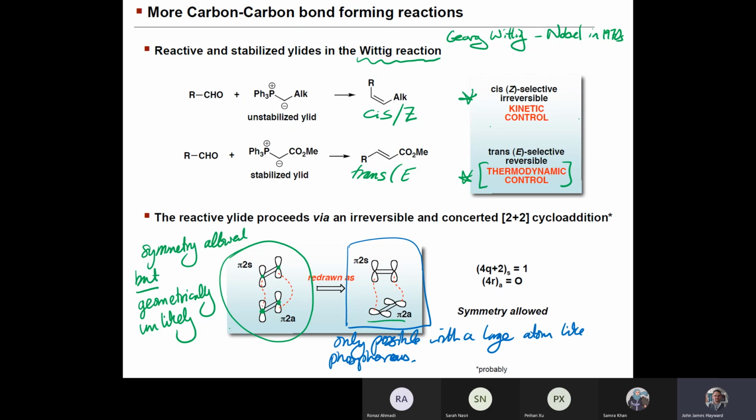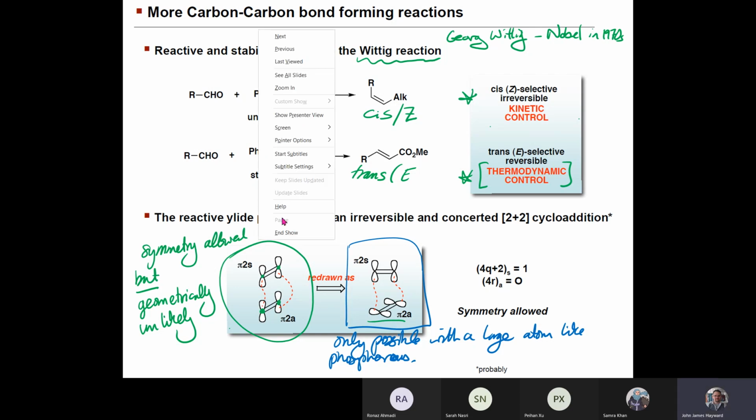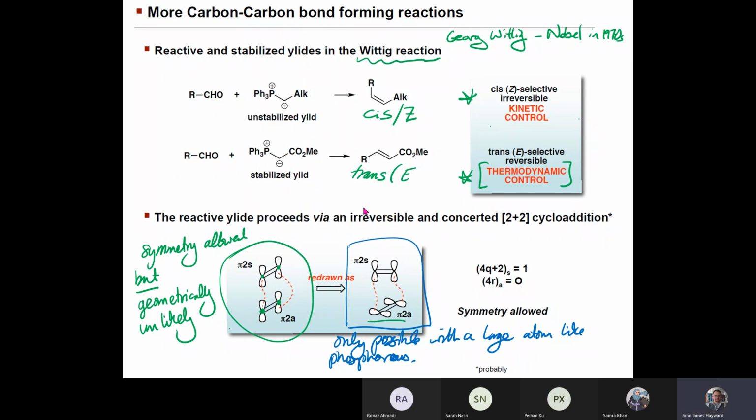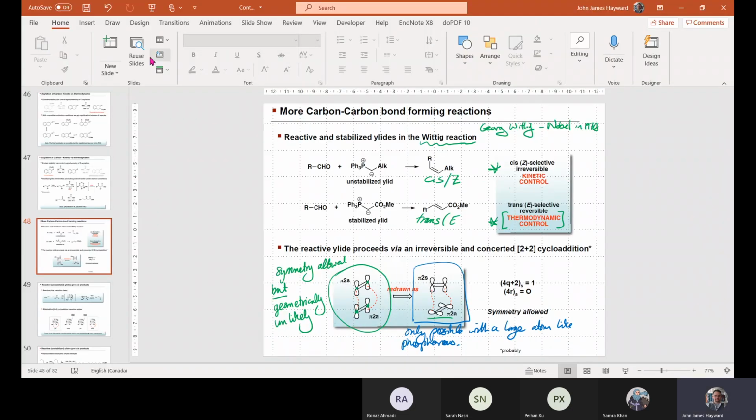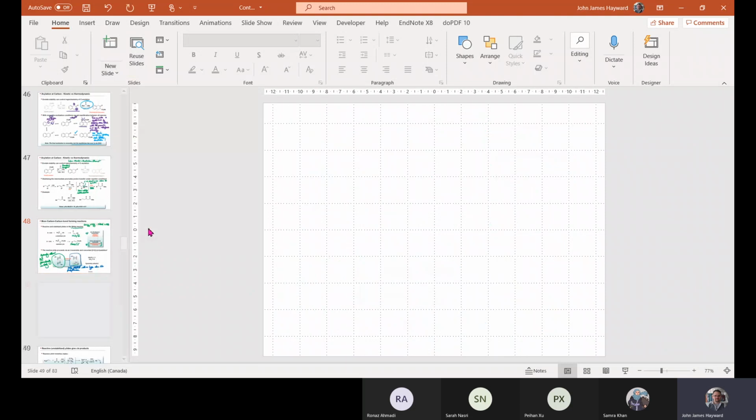Okay, it can't really work with something small like carbon. So just for 1 second, yes, I definitely want to keep those. I'm going to add in a new slide and we'll get back to it.